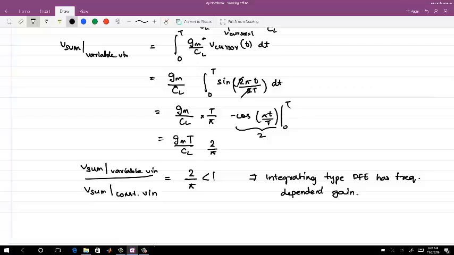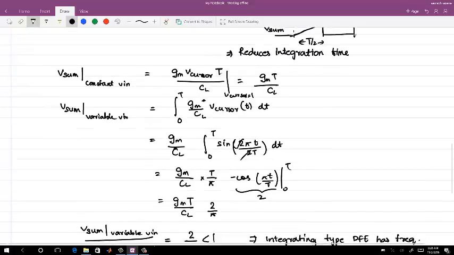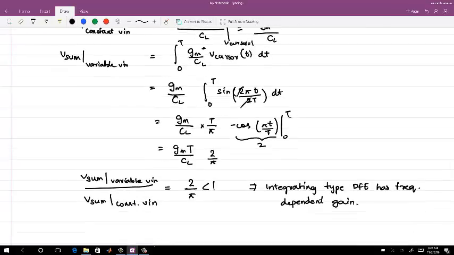Okay, think about this. Initially I told that the input was constant and I integrated it. The input was some representation of the actual input, which is coming now. And then I said that if the input varies, then this will have a frequency dependent gain. An actual input is like that.